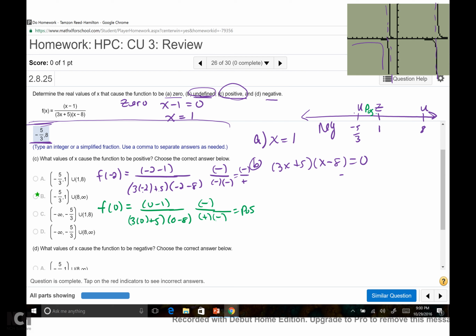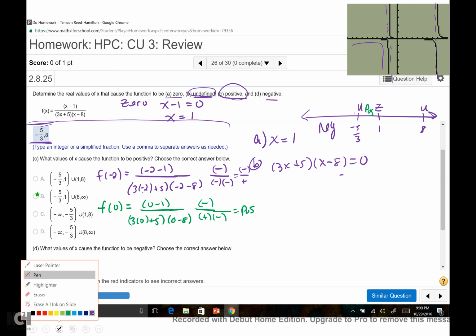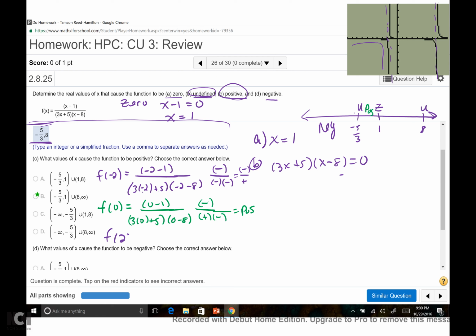Between 1 and 8, I'm going to pick 2. So I'd have 2 minus 1 over 3 times 2 plus 5 times 2 minus 8. The top is going to be positive. 6 plus 5 is positive. 2 minus 8 is negative. You have a positive divided by a negative, which is going to be negative.